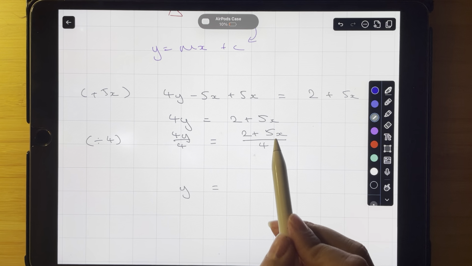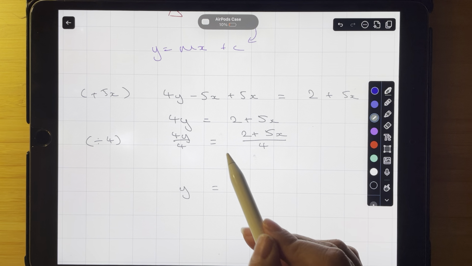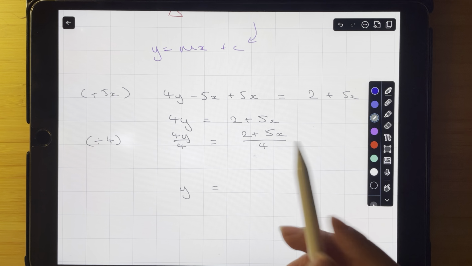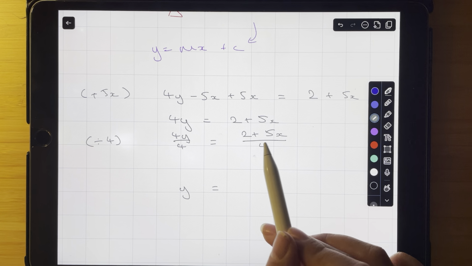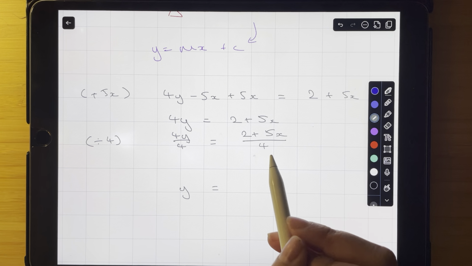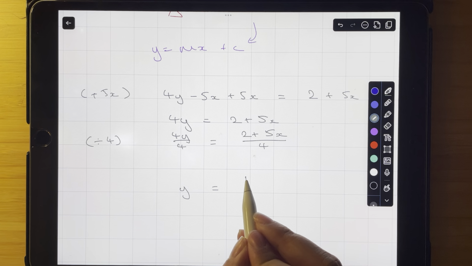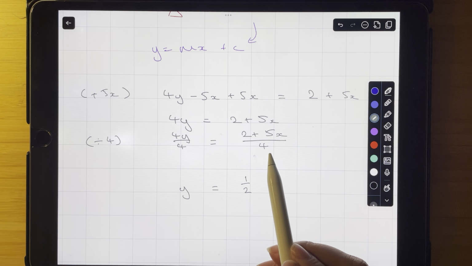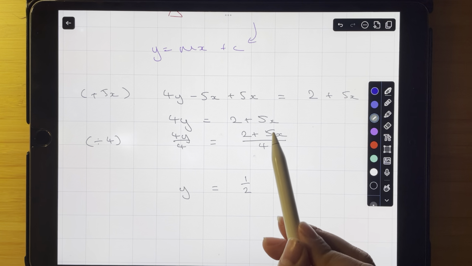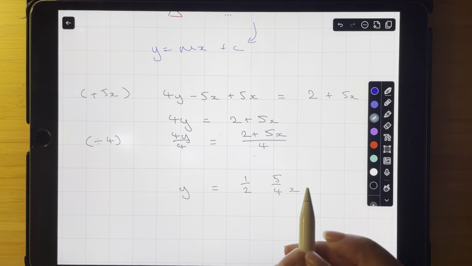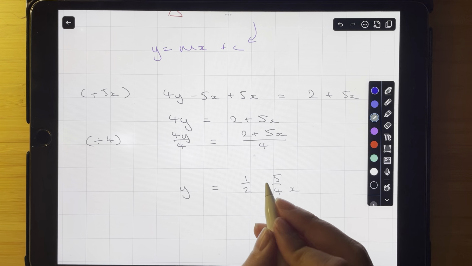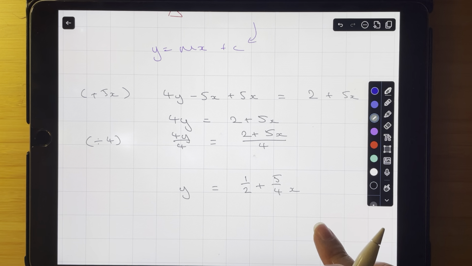And if you have a fraction like this, then you can just split it up into 2 parts, because this is part of fraction rules. So 2 over 4 is just a half on its own, and this part here, 5x over 4, just becomes 5 over 4x. This sign here is a plus, so I keep that as a plus there. So great.